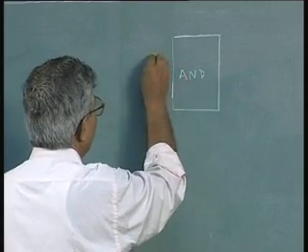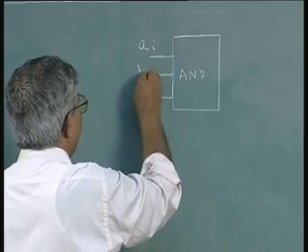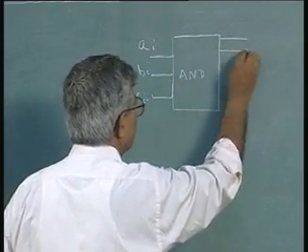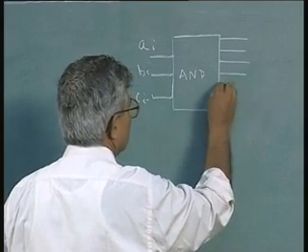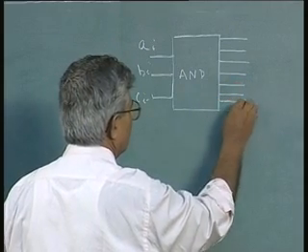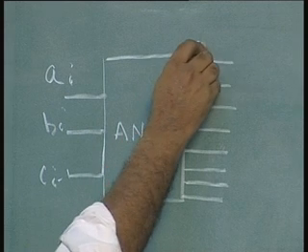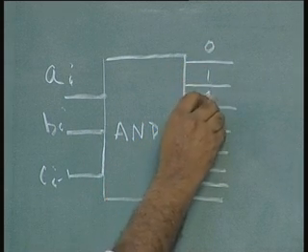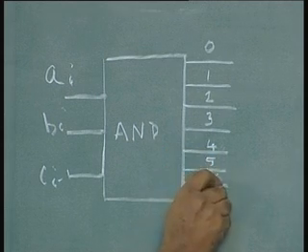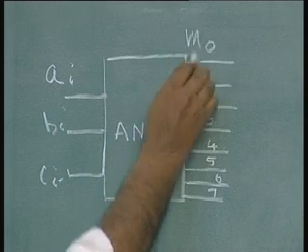in which the inputs will be Ai, Bi, Ci minus 1. Output of this AND array will be corresponding to the minterms. I am calling them 0, 1, 2, though actually in textbooks you will see them as M0, M1.